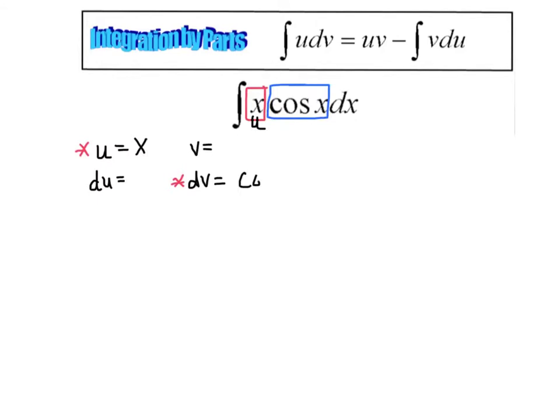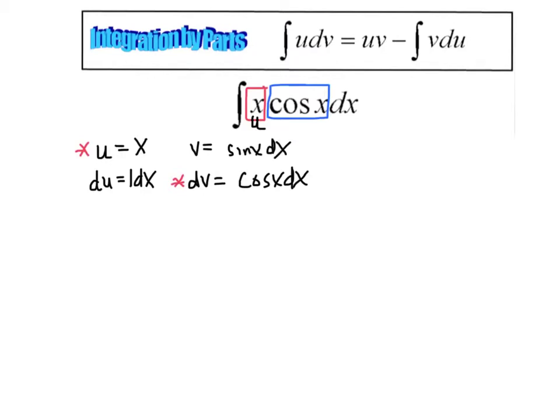So cosine x dx, because you should be taking up everything. So u, dv. Then I fill in the blanks. The derivative of u, the derivative of x, is 1 dx. And for dv, I want the antiderivative, so that's sine.